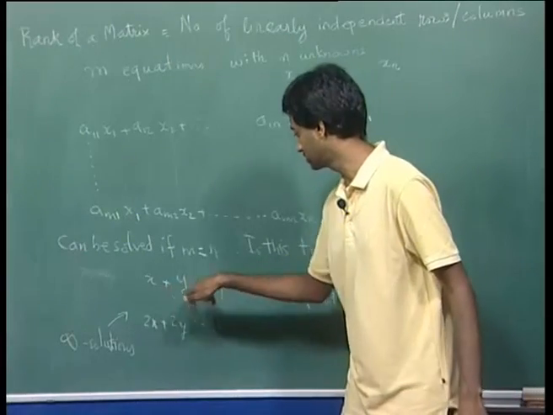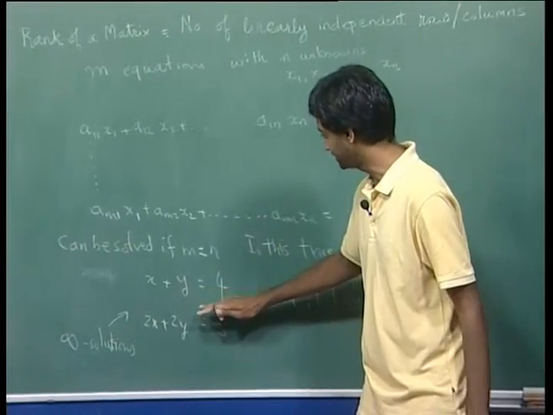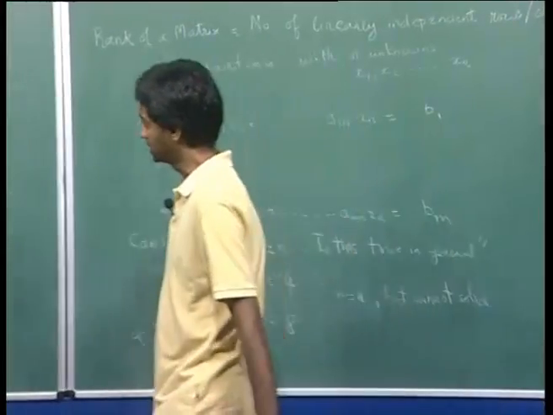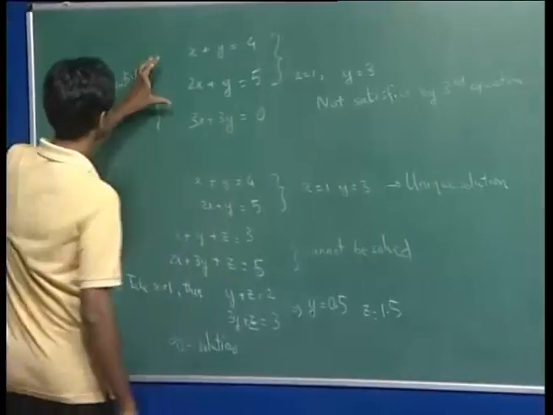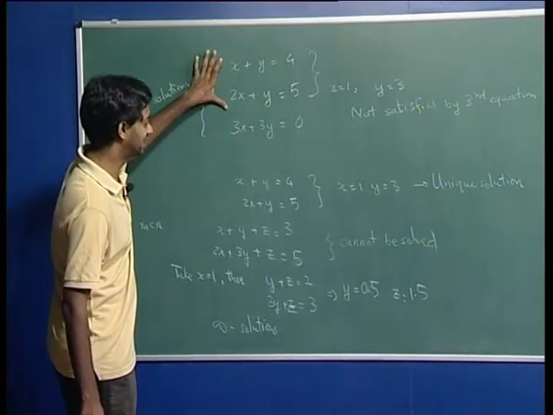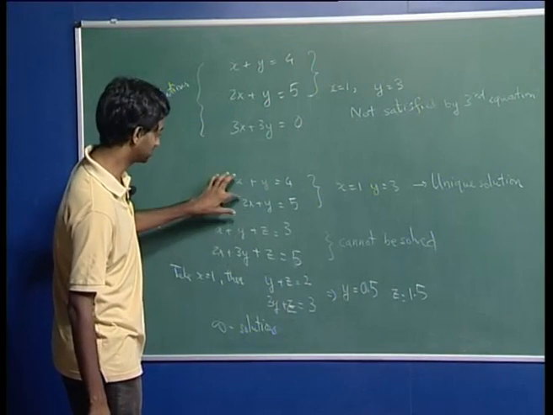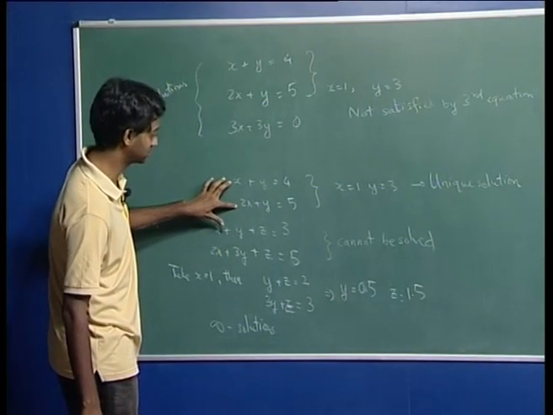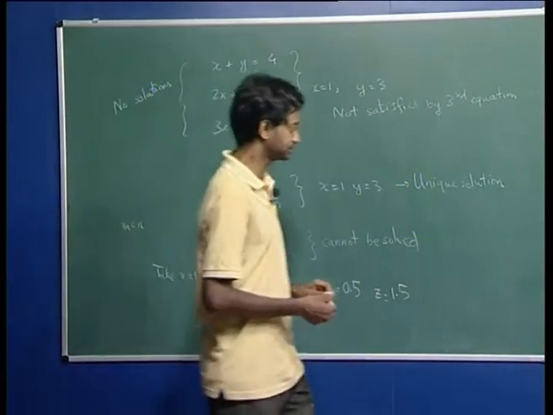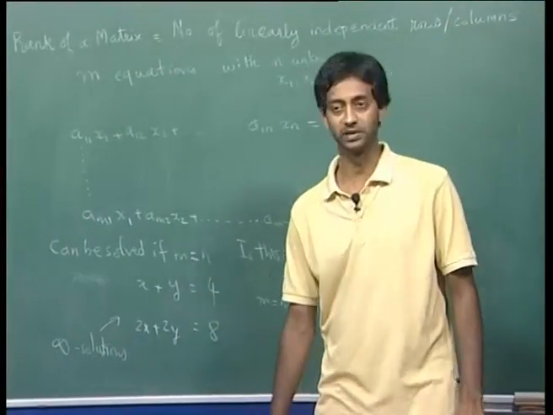So this equation is just twice this equation, and in a sense you have only one independent equation, and in this case this equation was not consistent with these two. Okay. So that is another case that we have to consider, and finally in this case these two equations could be solved because you have two equations and two unknowns, okay, and so on.